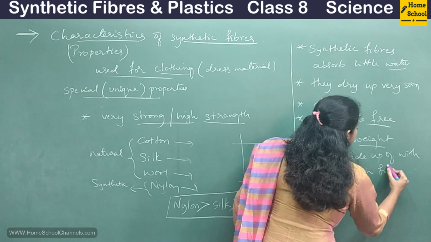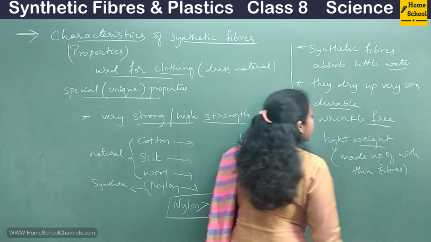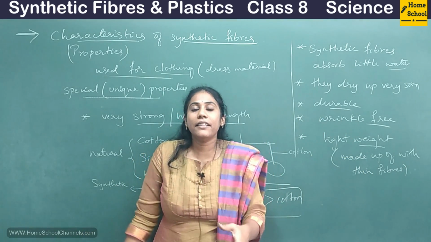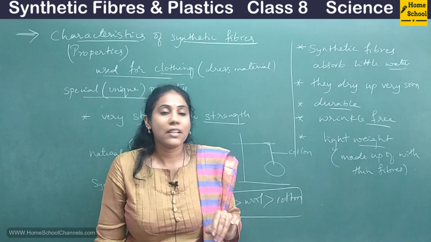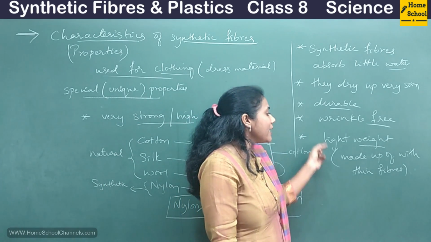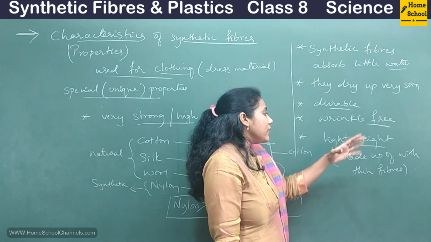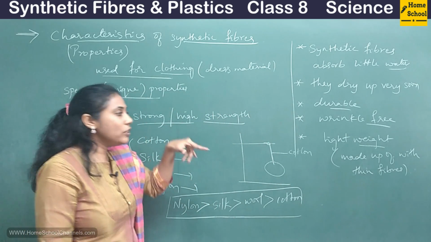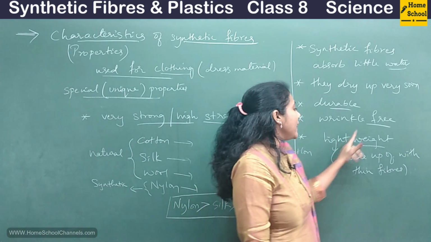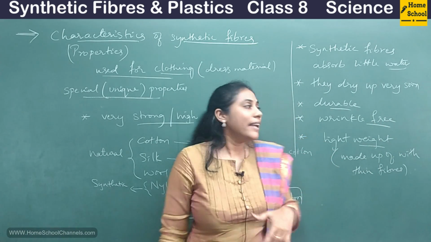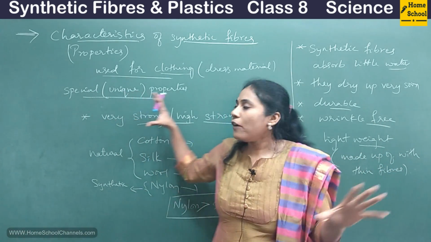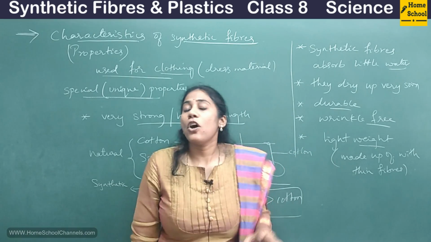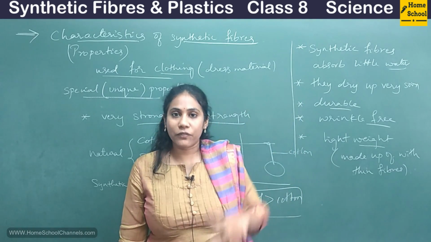Usually synthetic fibers are very thin compared to the natural fibers. Since the fiber is very thin, the entire fabric or clothing that is made from that particular fiber is very, very lightweight. Okay, so these are some of the important properties or characteristics of artificial fiber.